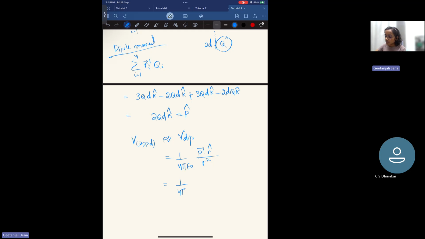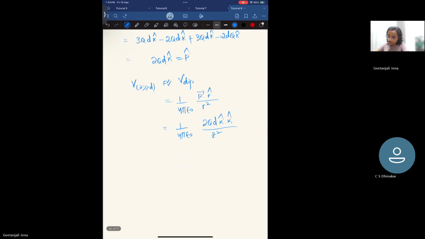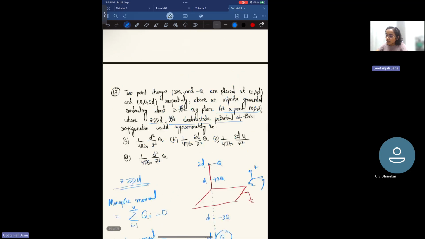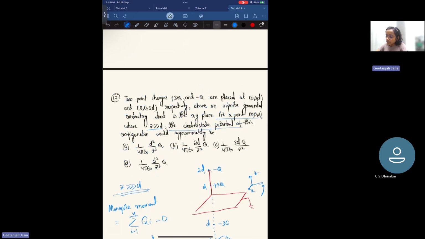So 1 by 4 pi epsilon naught, 2qd k-hat dot k-hat divided by Z square, which is 1 by 4 pi epsilon naught times 2qd by Z square. So the answer will be option B.